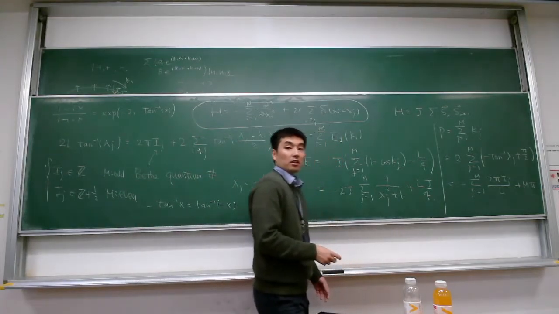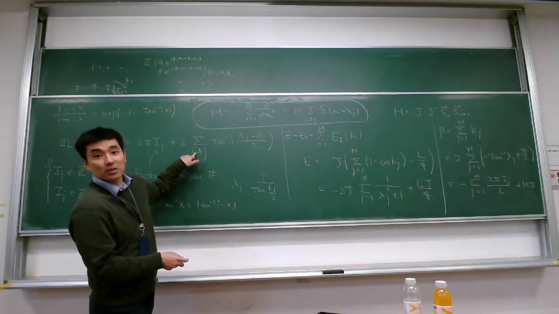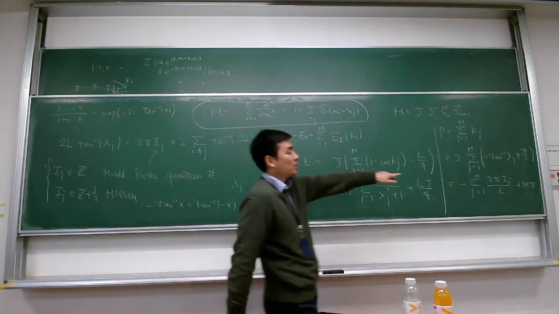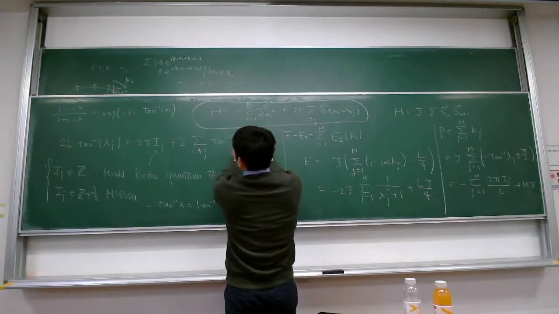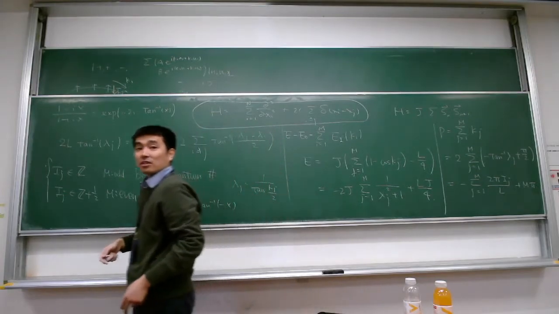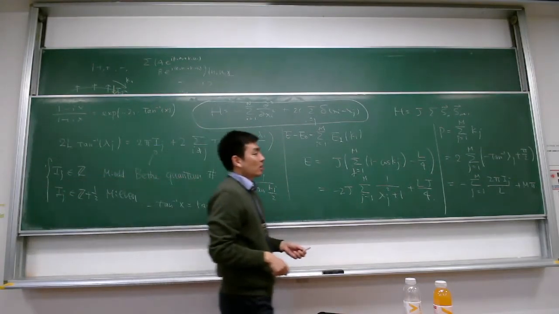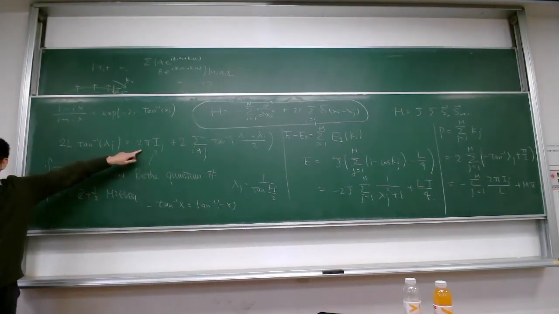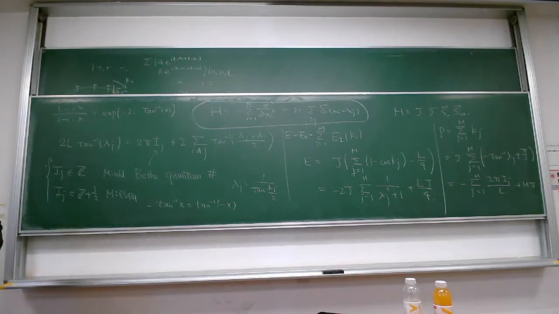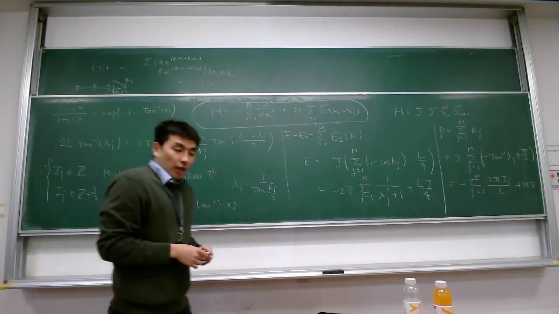So you have to swap everything, and they cancel each other. What's left, and what is important for the momentum, is this beta quantum number. Any other questions?